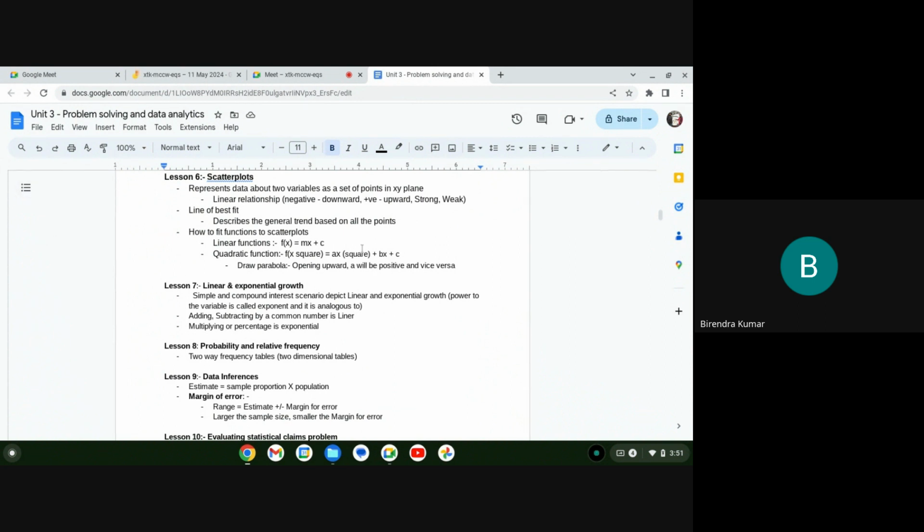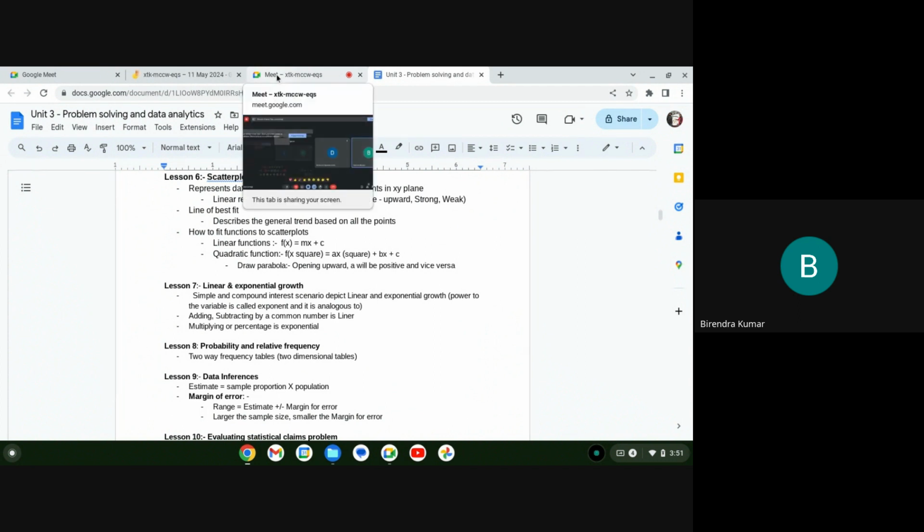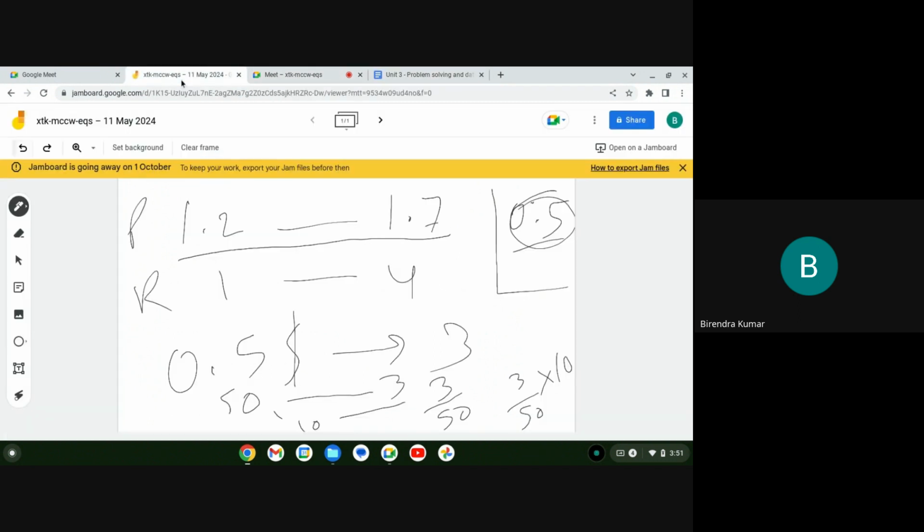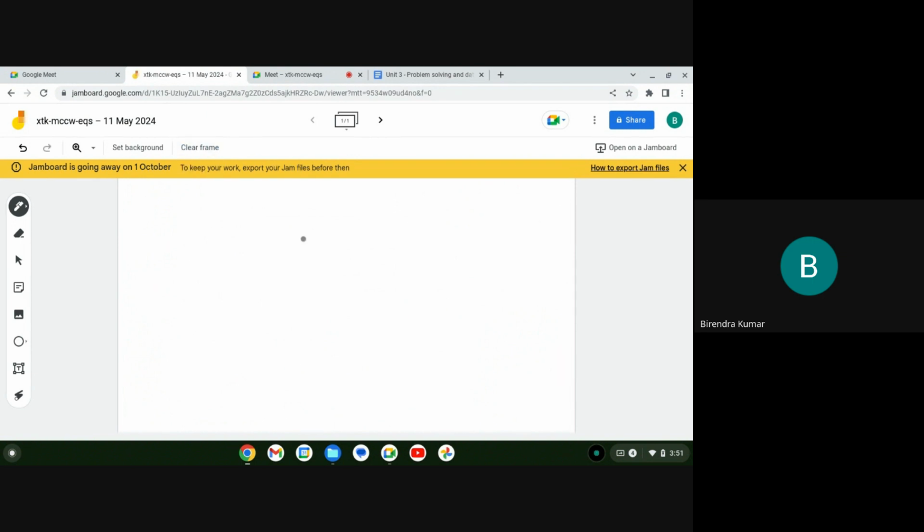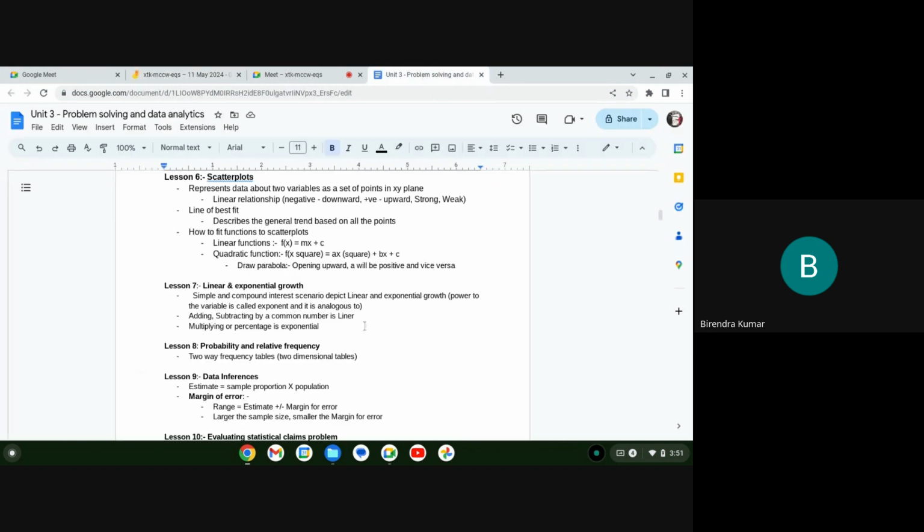All right. So linear and exponential growth. Let's spend a few minutes on this one. This chapter is about linear and exponential growth.